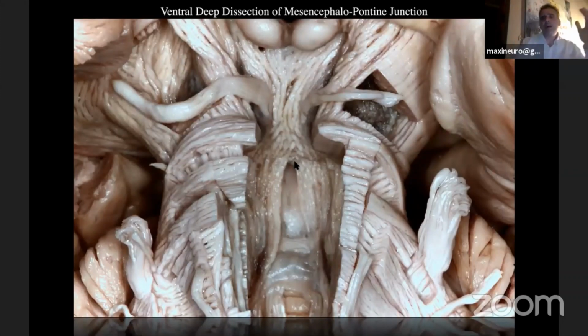The superior cerebellar peduncle makes the decussation under the inferior colliculus at the level of the midbrain, like everybody knows. But this view is a little bit different because you can see it from a ventral vision. Here, again, in the center of the superior cerebellar peduncle, the locus ceruleus. If you follow these fibers, you can see how rich this area is. This is the junction between the midbrain and the pons.